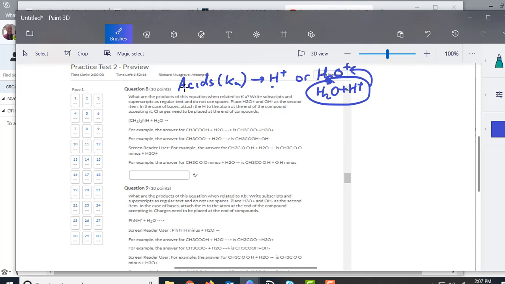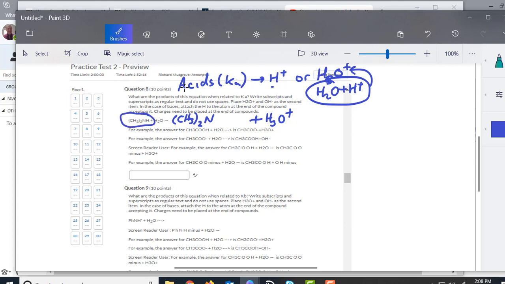So if I was to write the H3O plus as my second item here, actually I'll move it over a little bit, put it over here. Then what's going to be left over is CH3 2 and the N. So what you've got to consider is this H plus came off this compound here, this CH3 2 and H. It came from there.